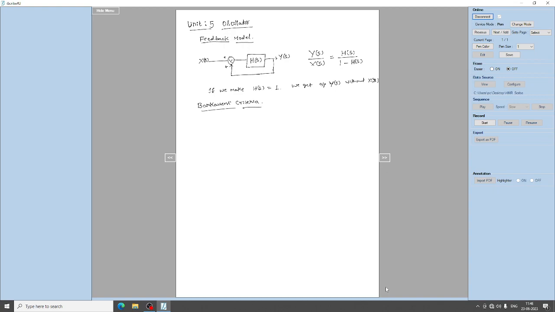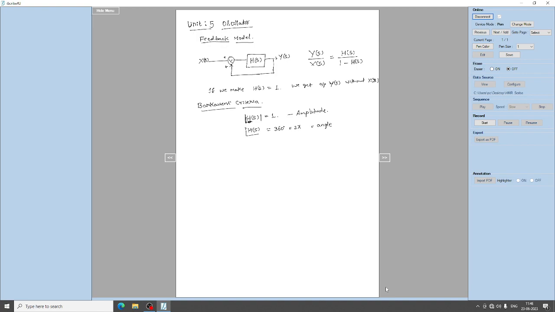To mention it in other words, we need to have two particular conditions. The one is the magnitude, which should be equal to 1, which means amplitude, right? And the phase angle should be equal to 360 degrees or an integral multiple of 2 pi, right?